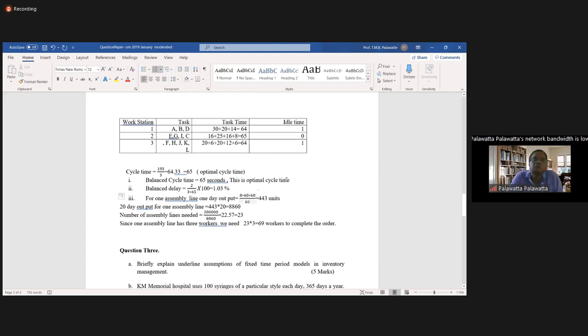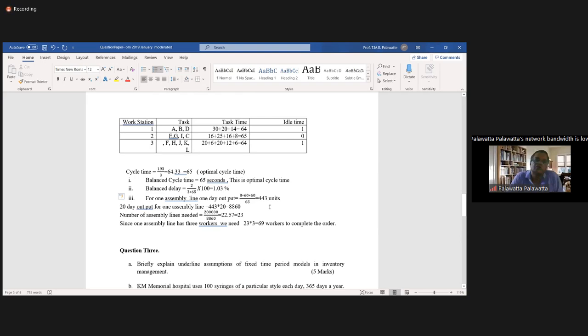Because every 65 seconds, this production line produces a unit. So 8 times 60 times 60, when you divide that by 65, the number is 443 and some fraction. So here, you need to round down.